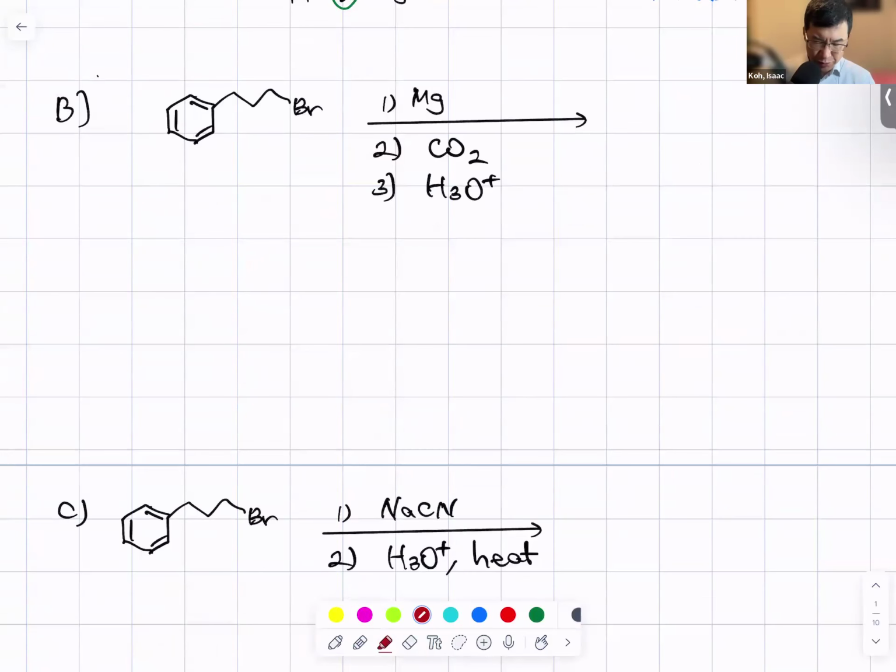And the second one is also using Grignard reaction, but instead of epoxide, we are using carbon dioxide. This is solid carbon dioxide. We are not using gaseous carbon dioxide, but dry ice. Here, please remember, we are using dry ice.